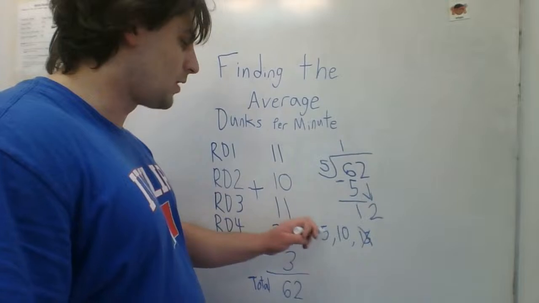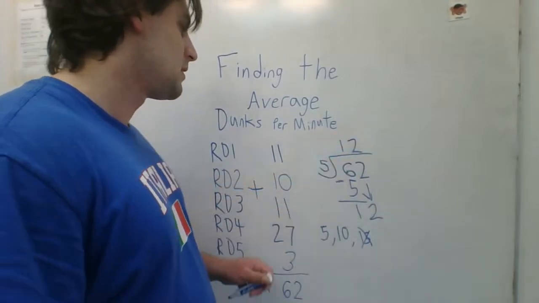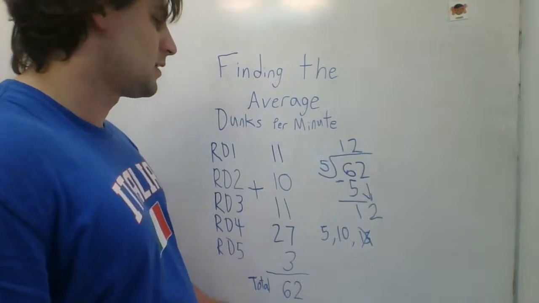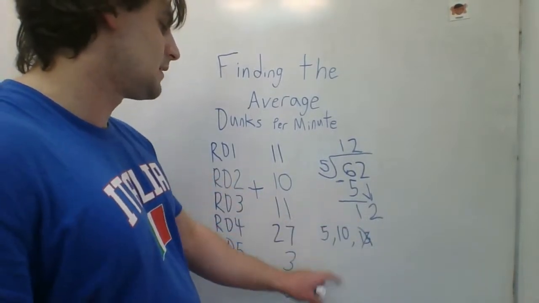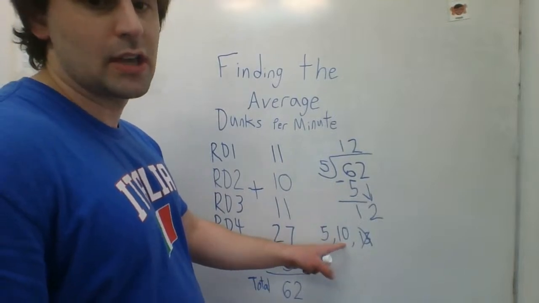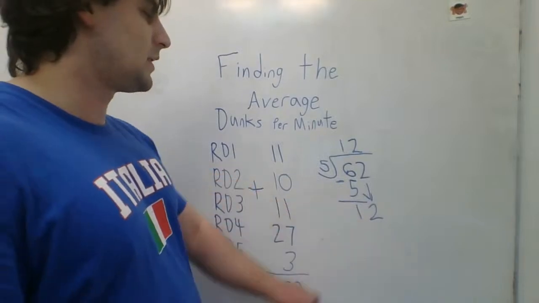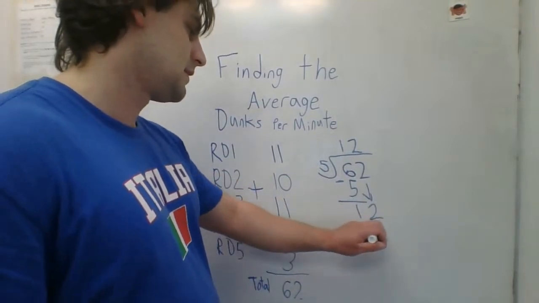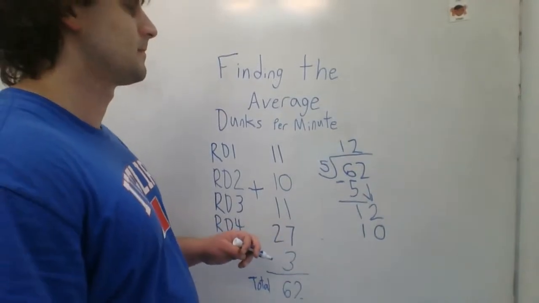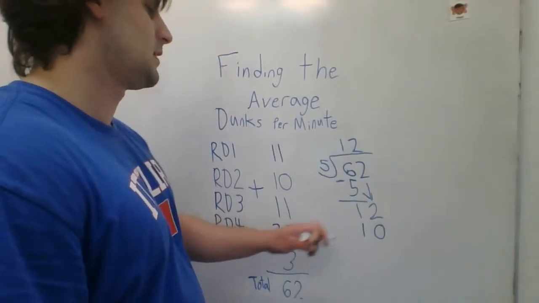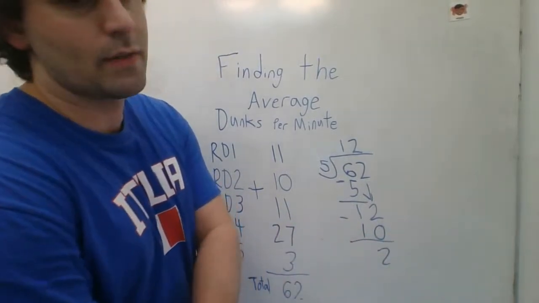So I was able to get 2 groups of 5 within 12. And 10 was as close as I could get to 12 without going over. So 10 is what we need to subtract. So 12 minus 10 equals 2. So we have 12 with a remainder of 2.